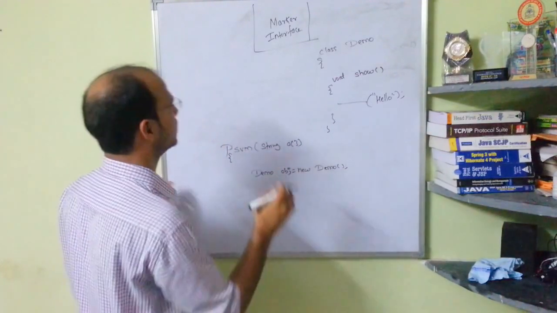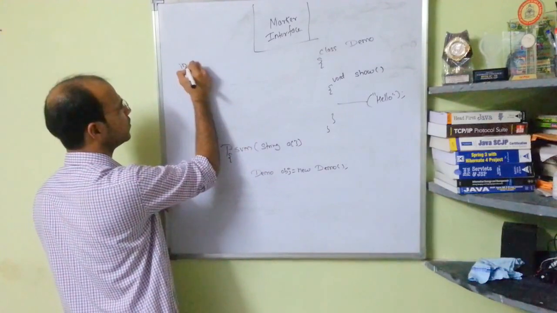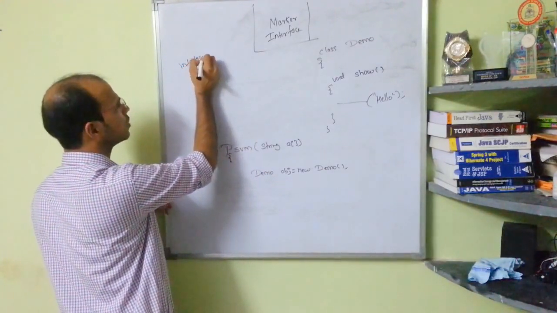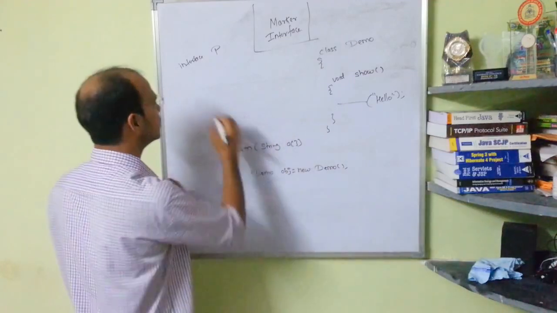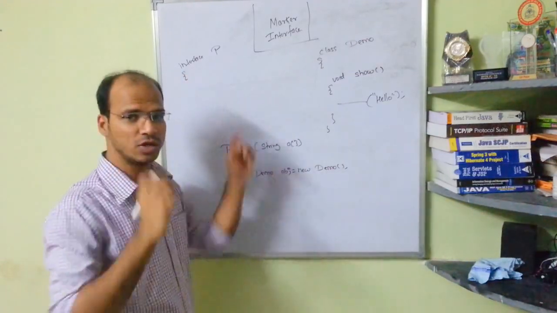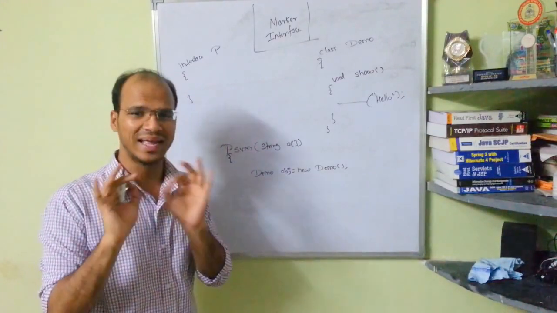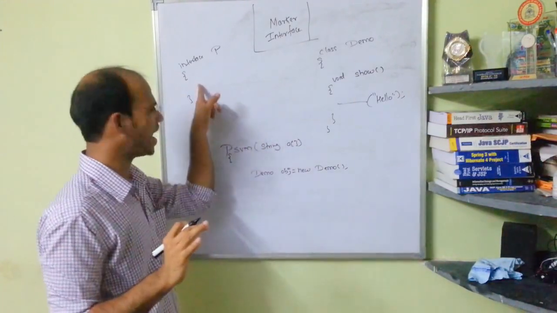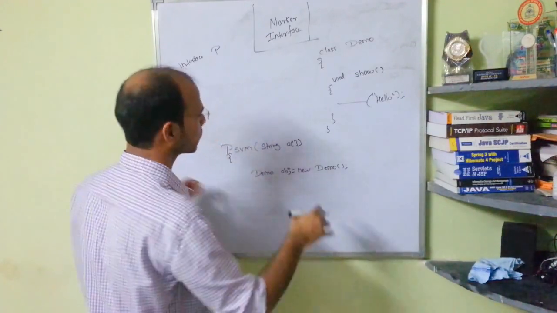For that, I need to create an interface, interface P, and this P is normally permissions. You can use any name here. In it, I'm not going for any declaration. It's blank.